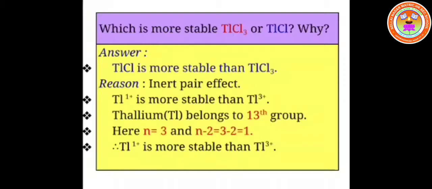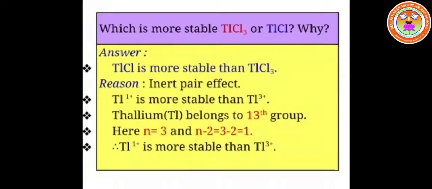So n is equal to +3, and n-2 is equal to 3 minus 2, which is 1. So children, the n state means the +3 state and the n-2 state means the +1 state.